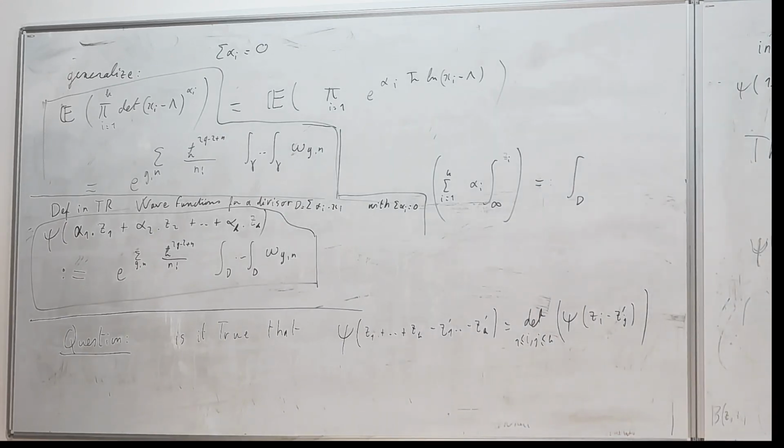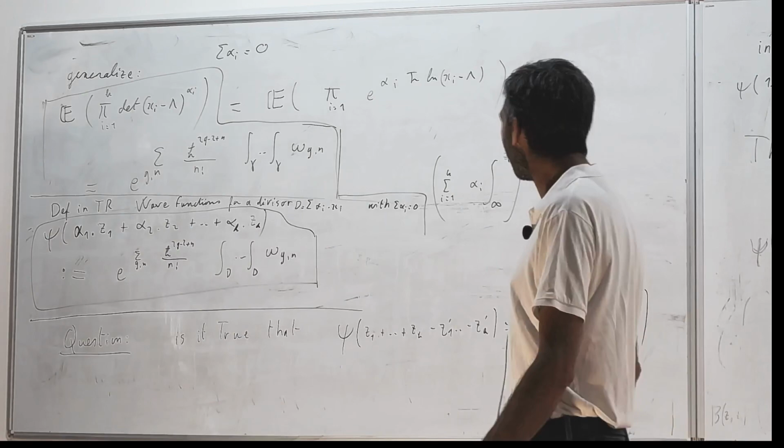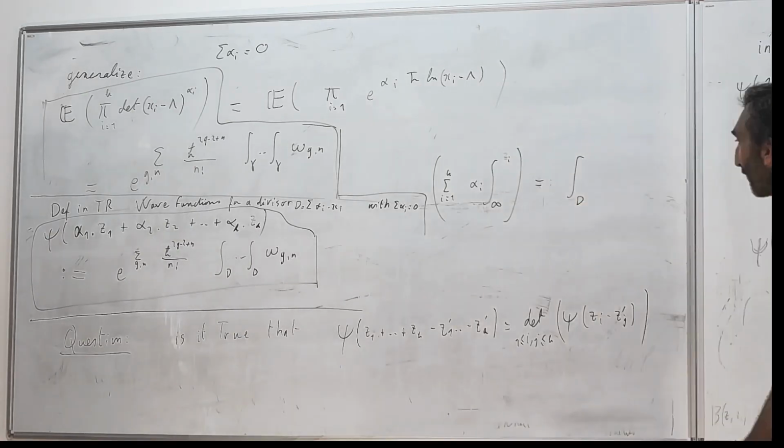In fact, the answer, to be honest, is no. But it's true in many cases, and in particular, typically the cases of genus 0. It's not true in higher genus in general.